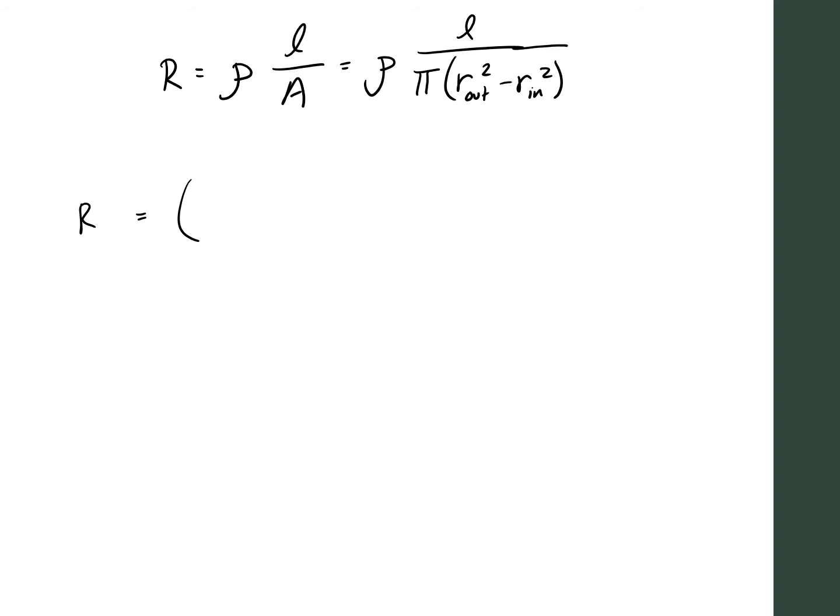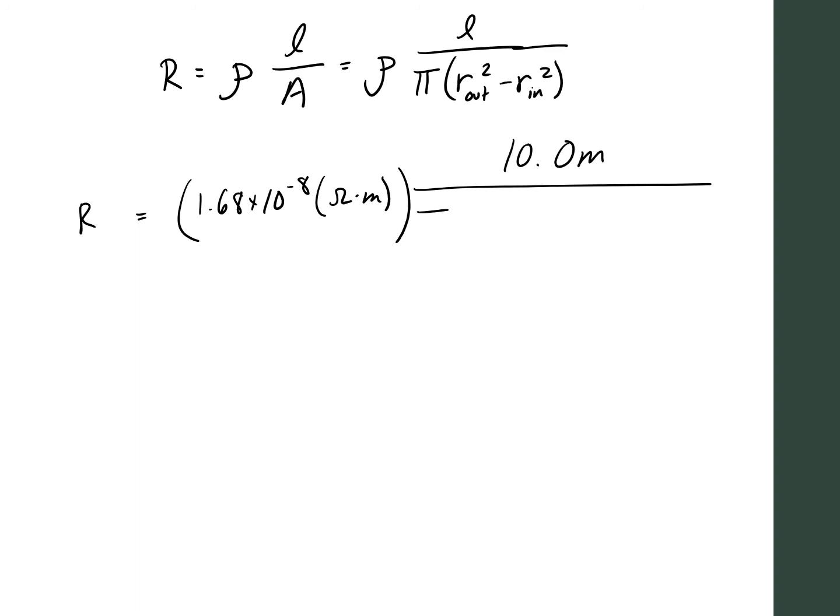So my resistivity, again from table 18.1, 1.68 times 10 to the negative 8 ohms times meters, times my length, so 10 meters, divided by pi. My outward radius, again, this is the radius value, so 0.025 meters minus 0.015 meters. I need to make sure I square both of those.